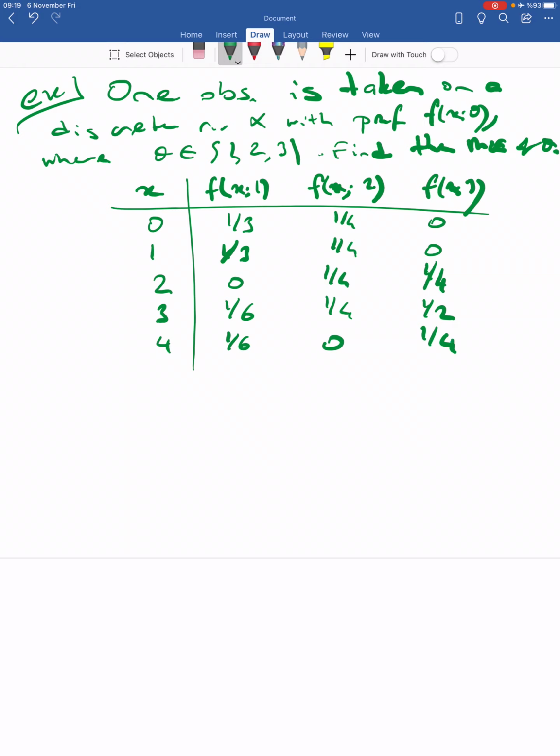Based on this information, we want to find the MLE of theta.